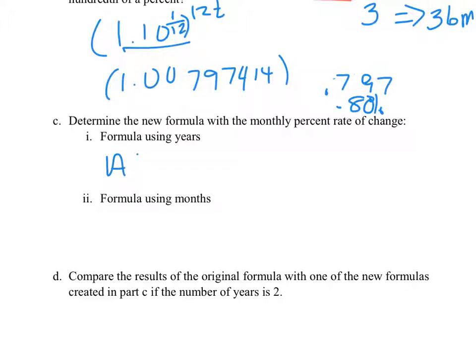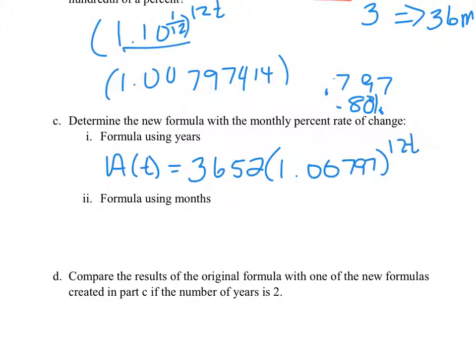Okay, formula using years, so it's the same basic problem. If I want to create a formula using years, A of t equals 3652 times 1.00797 to the 12t.